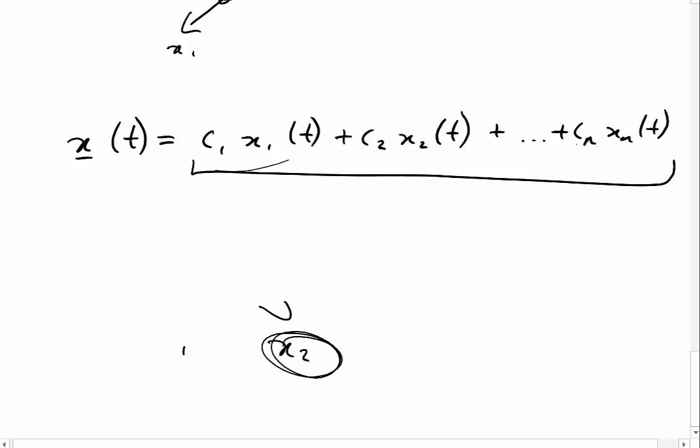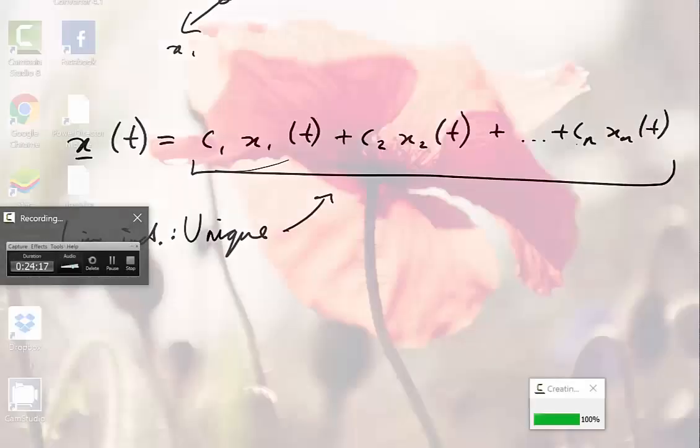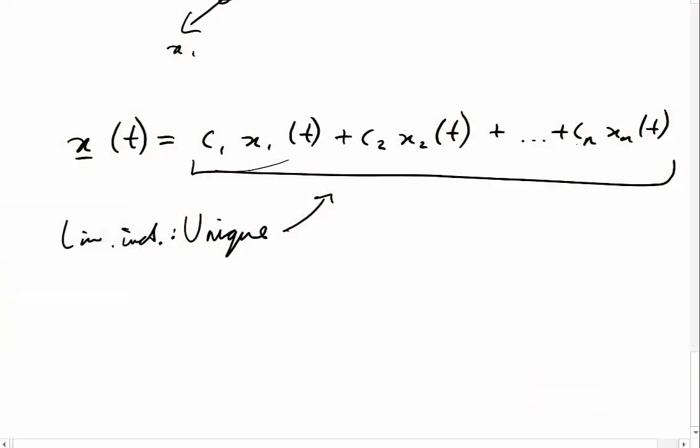Whereas if the solutions are linearly independent, in other words, we can only write each solution in one way, that means that the only way we can write it is like this. Okay, so we say that this can only be written in one way. So in other words, it's unique. If our solutions are linearly independent, that basically means that this is unique.